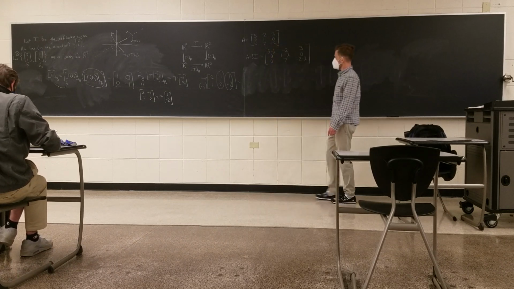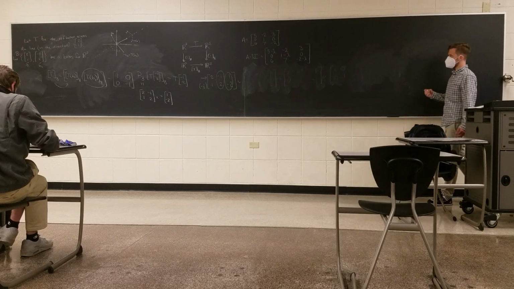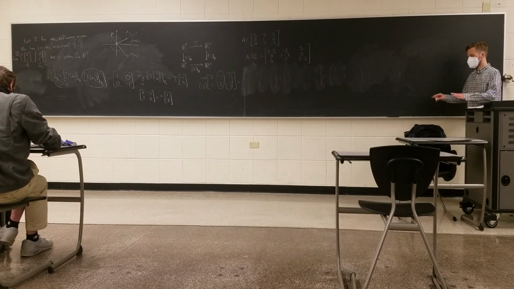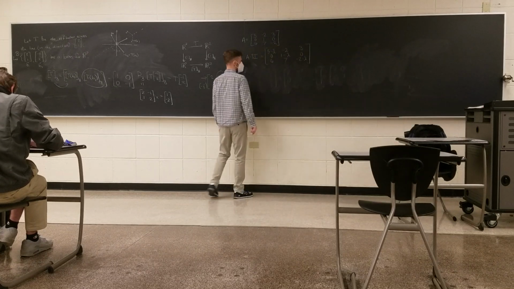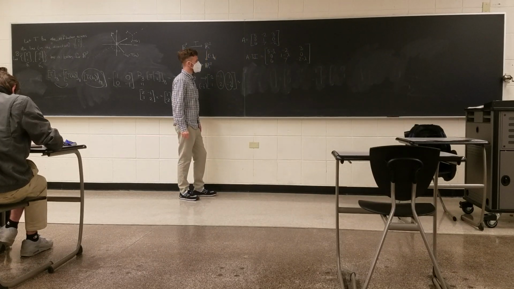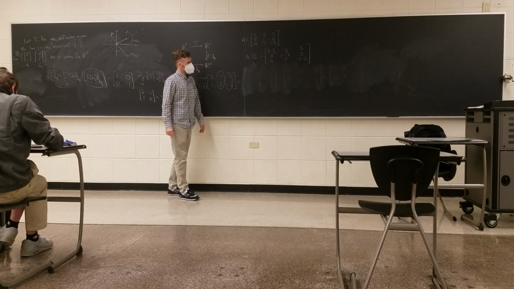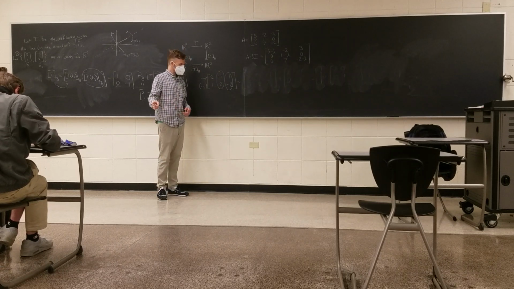Okay? And then we get the determinant of this thing, and that gives us the characteristic polynomial, the roots of the characteristic polynomial. And you know where I'm going with that.